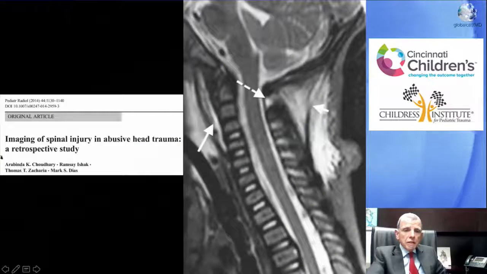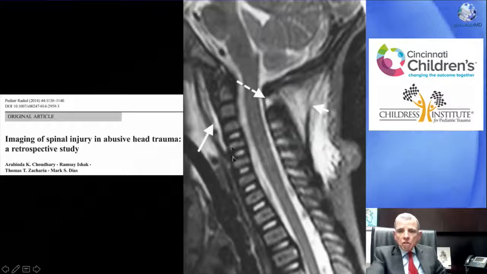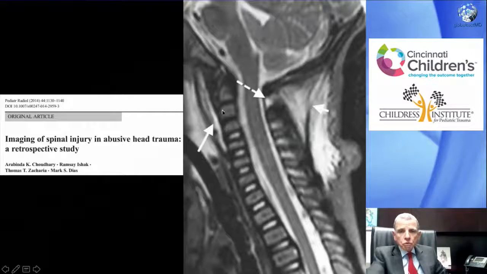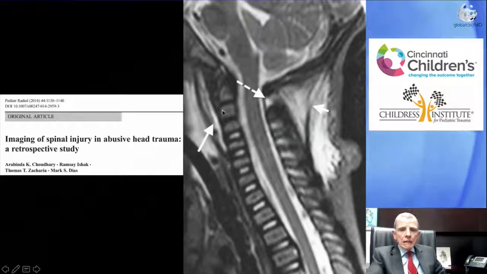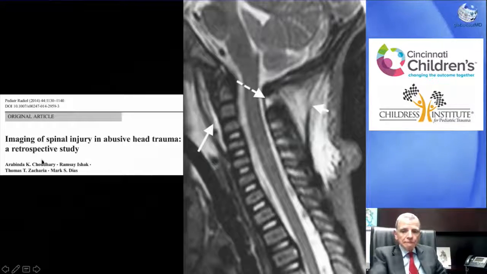My colleague here at DuPont, Arvind Chowdhury, and my friend Mark Diaz have studied this, looking at signs of mostly soft tissue injury in the cervical spine of infants with severe traumatic brain injury. Seldom important for clinical management, but sometimes very important for forensic purposes, actually determining how an injury was inflicted.